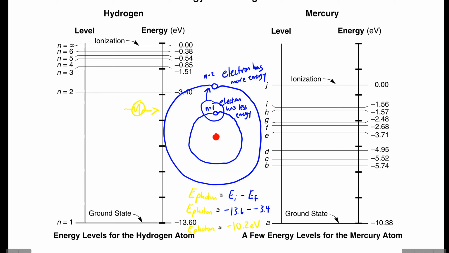So this photon has 10.2 electron volts of energy that it's going to give to this electron in the ground state. Negative 13.6 plus 10.2 gives you the new electron energy of negative 3.4. This one now has negative 3.4 because it absorbed that photon.